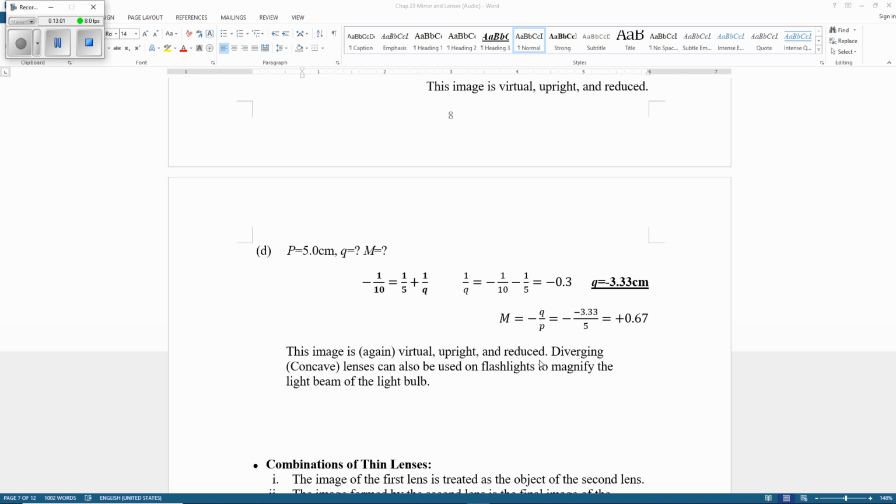But the diverging lens always gives you virtual, upright, and reduced. Another application is the flashlight, used like a magnifier to make the parallel light beam spread out to a bigger angle. Also like your car light at night, it goes to a bigger angle, diverging.